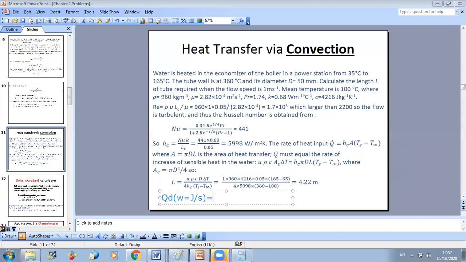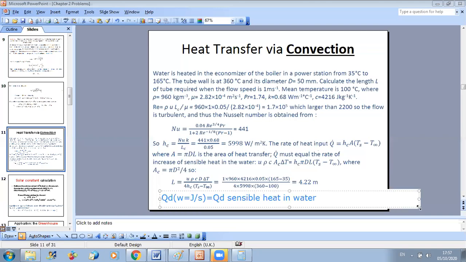So it will be equal to Q dot of sensible heat in water. Now, how to calculate the sensible heat in water? What is the formula?